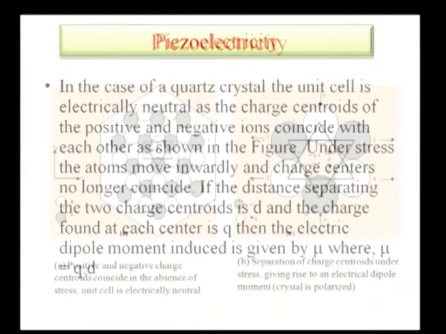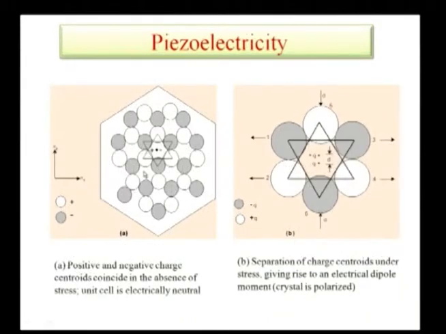When is it neutral? Now, you take the crystal here, this is a piezoelectric crystal. Now, you see here ions, right. Supposing you consider the white circles as positive ions, the positive and negative charge centroids coincide in the absence of a stress. You do not apply any stress.